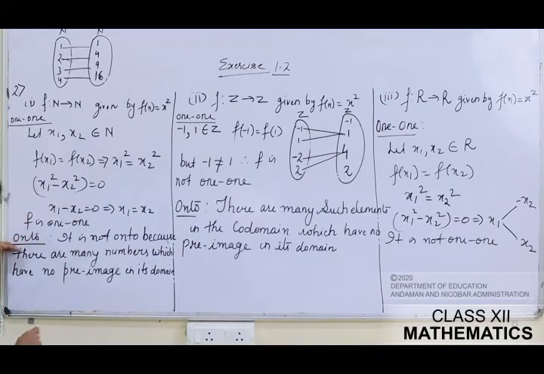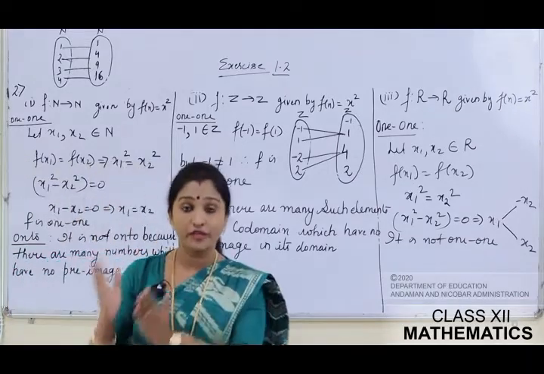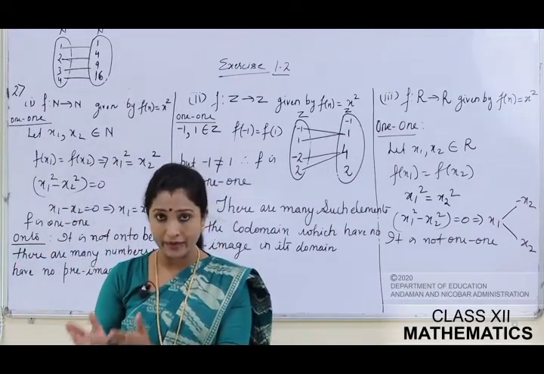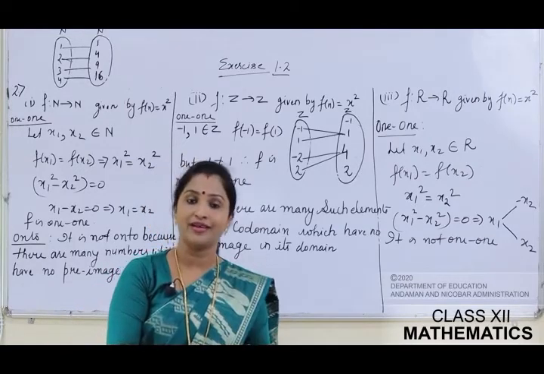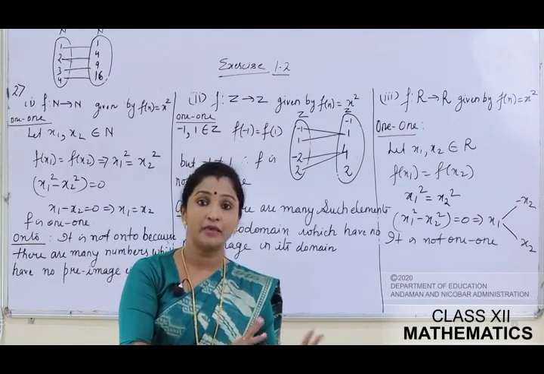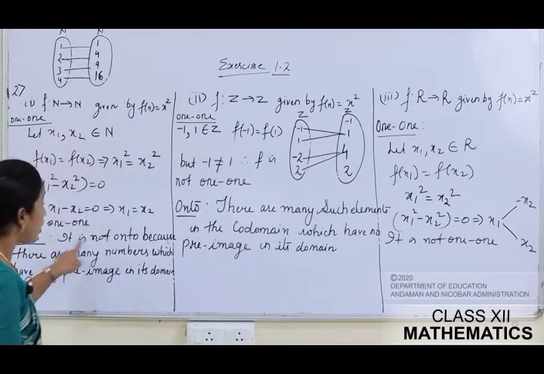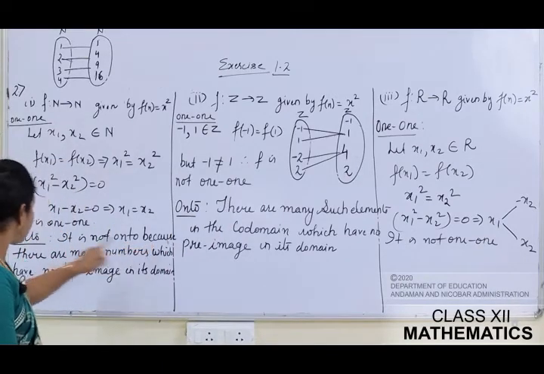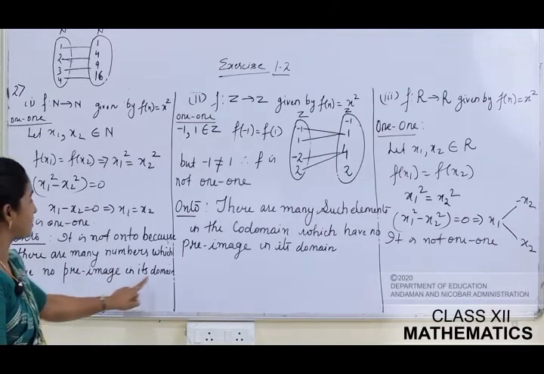Now we will check whether it is an onto function or not. Onto का क्या मतलब होता है? Each and every element of the codomain, codomain के जितने भी elements होंगे, it should be having a pre-image in the domain. इसके हर एक element के pre-image होने चाहिए domain में. अब यहाँ पे आप देखिए, it is not onto because there are many numbers which have no pre-image in its domain.